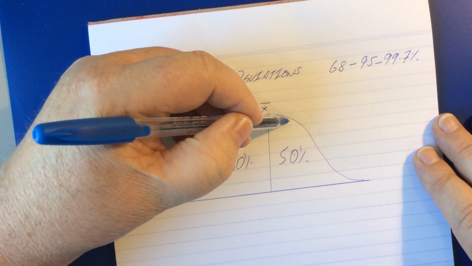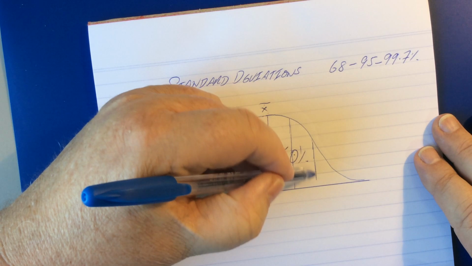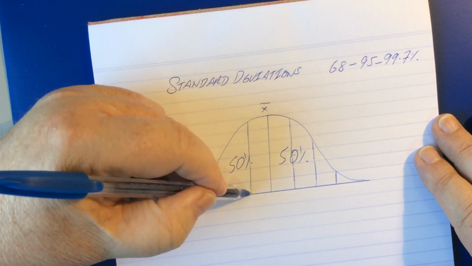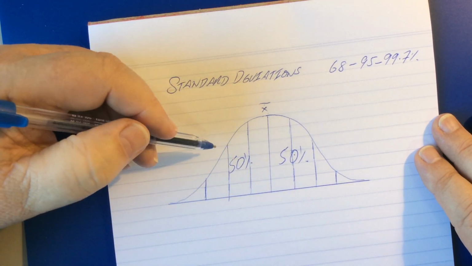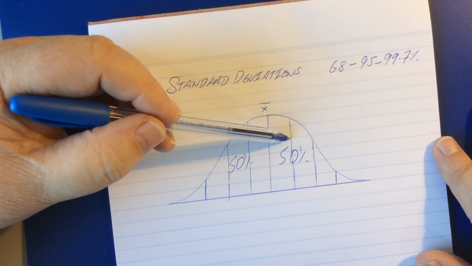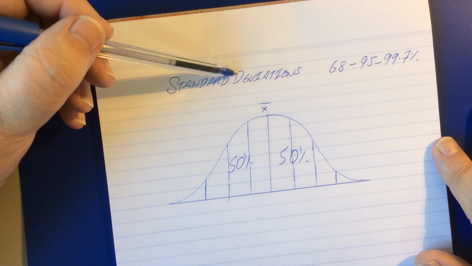You can break each side of a bell curve up into smaller areas. Now, I apologize, this is not to scale. What I've done is I've drawn in 3 notional standard deviations.